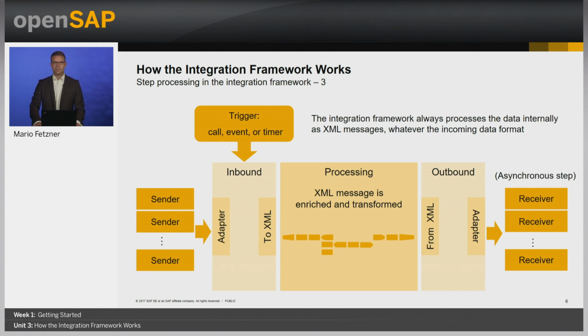The outbound phase receives the final XML from the processing phase, and the outbound adapter converts the data into the actual non-XML format required by the receiver. The adapter hands over the final data to the logical receiver system. The integration framework handles the transmission of the data reliably over the network.